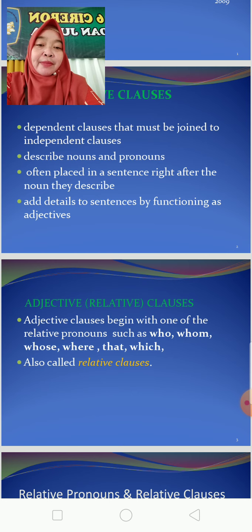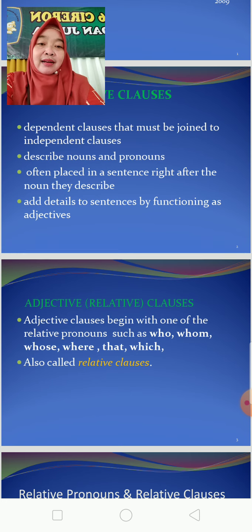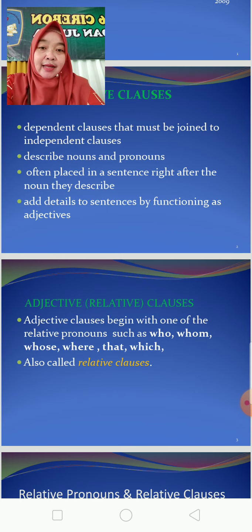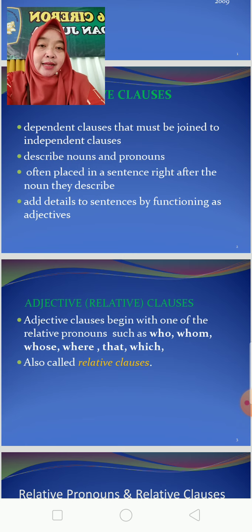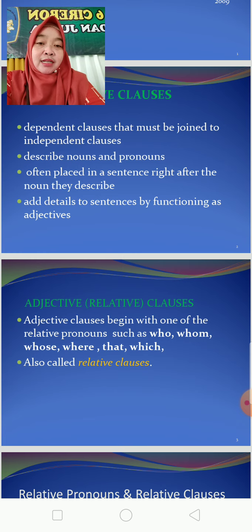They are always put in a sentence right after the noun they describe, and they add detail to the sentence by functioning as adjectives. So don't forget, relative clauses are clauses that describe nouns and pronouns and function as adjectives.